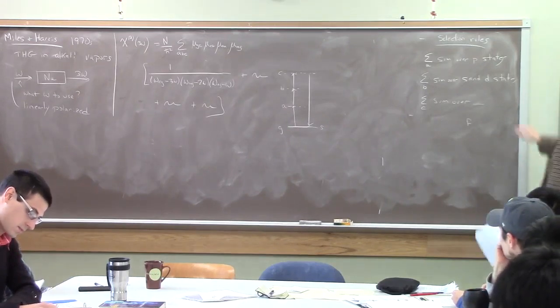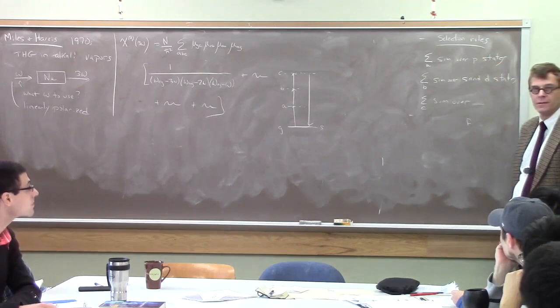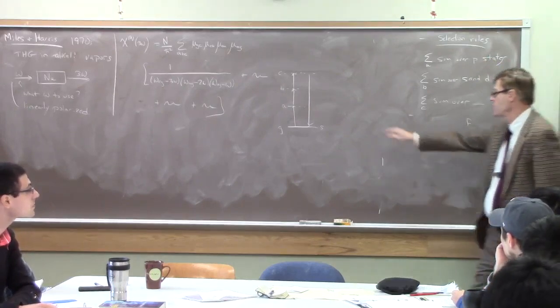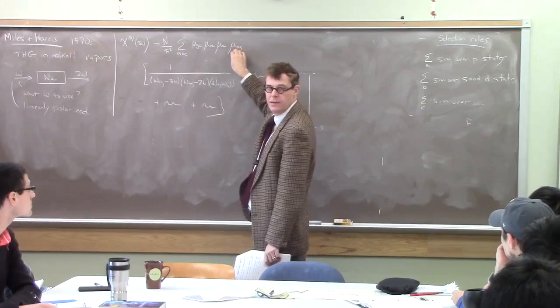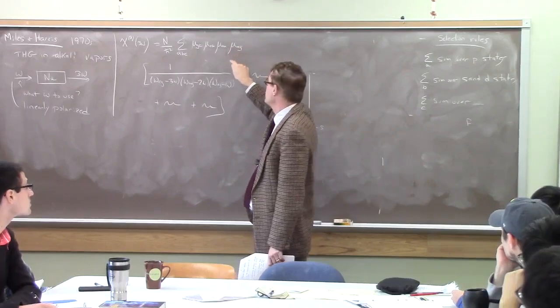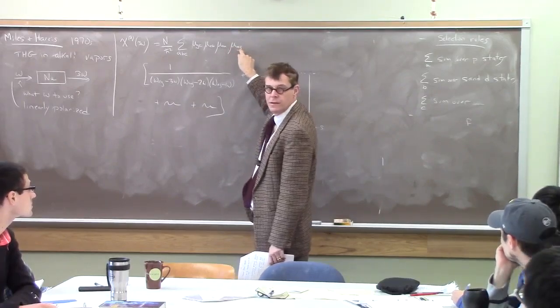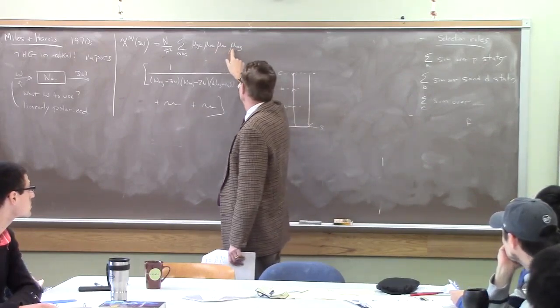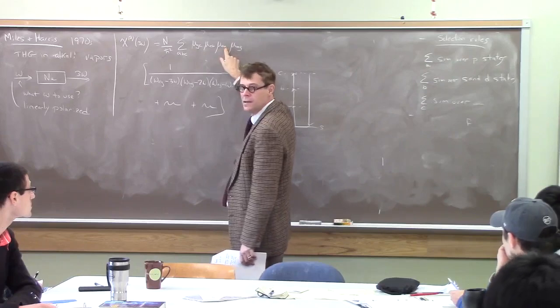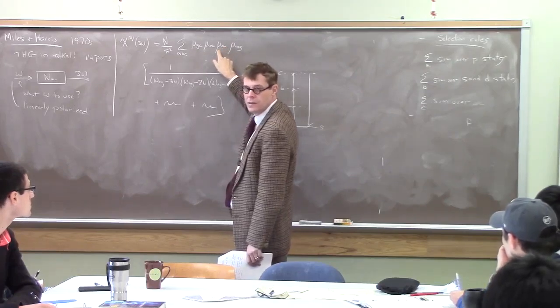First, were people following me with this? Mu GA would be non-vanishing. If the ground state is an S state, it can couple only to a P state. If this is a P state, B has to be either an S state or a D state.